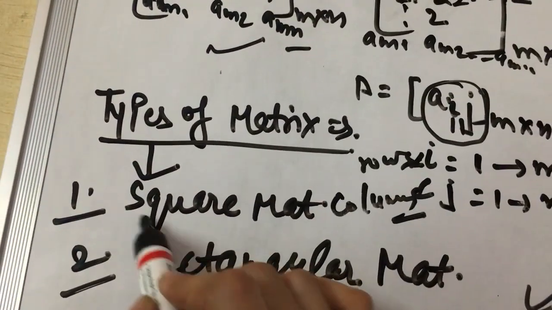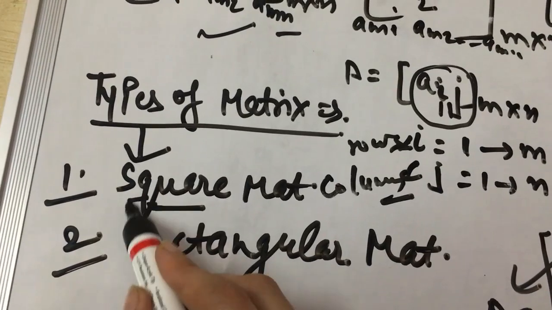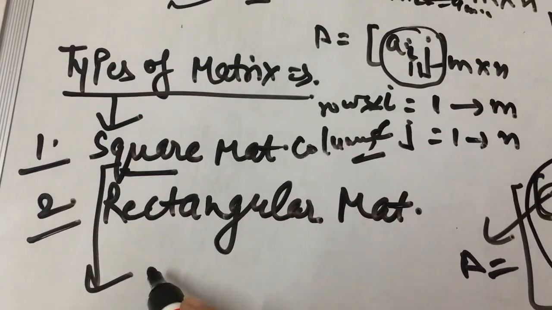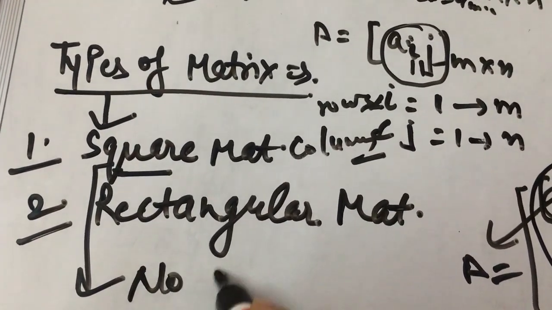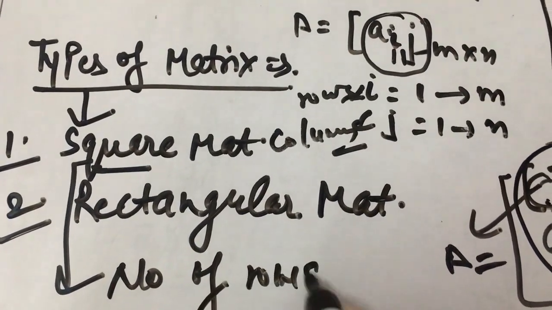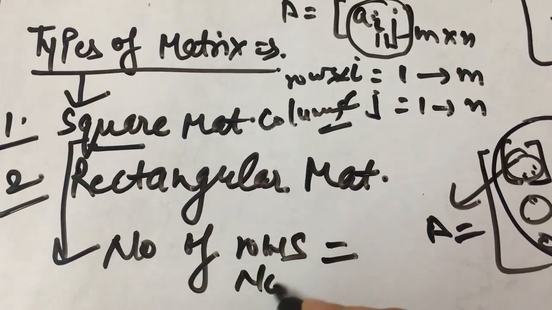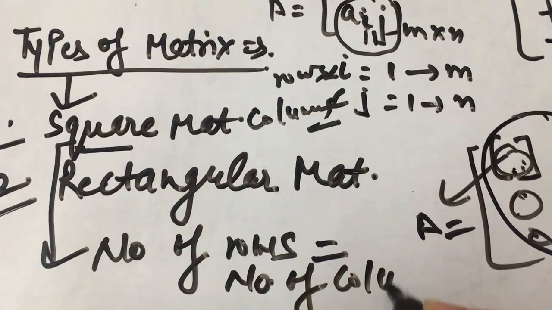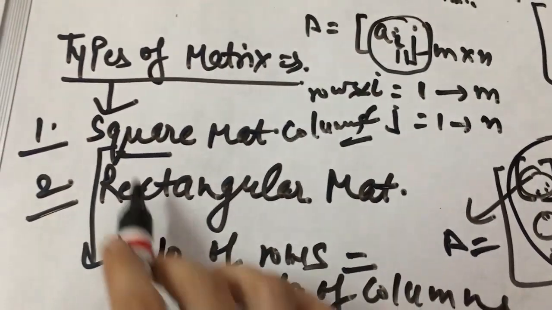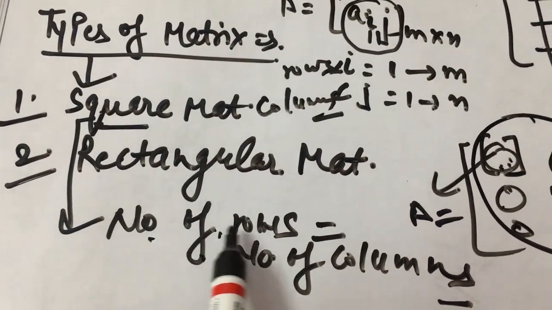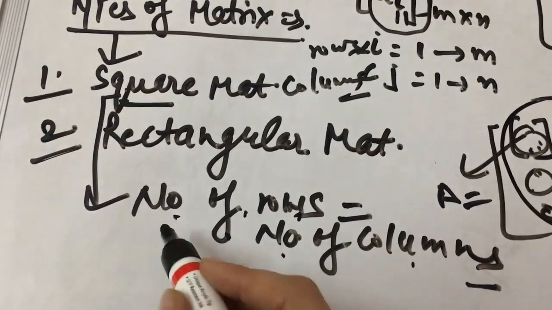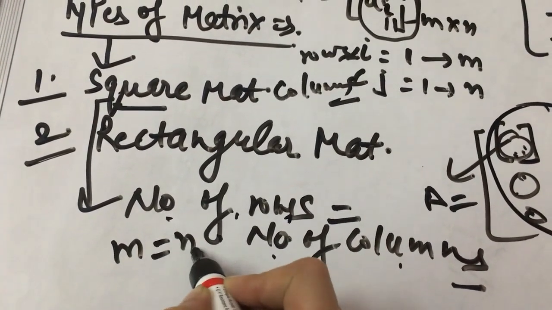What is a square matrix? A square matrix is a matrix in which the number of rows is equal to the number of columns, that means m equals n.